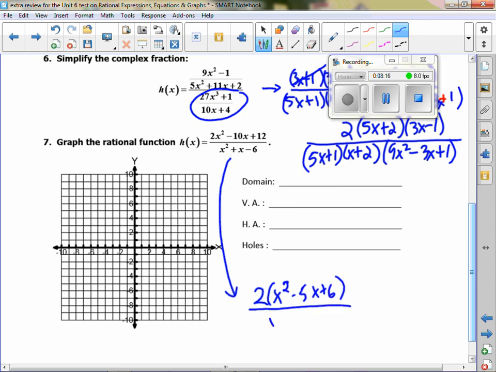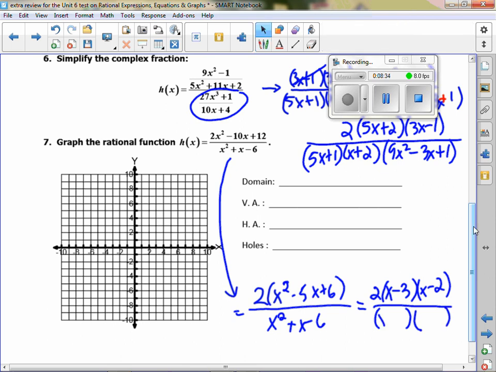My denominator doesn't factor that way yet, so keep factoring. I got a 2, and this will be an x minus 3 and an x minus 2. The denominator, I'll get x plus 3.